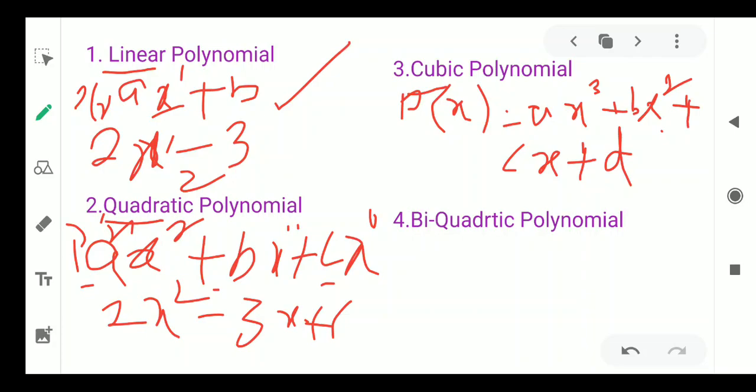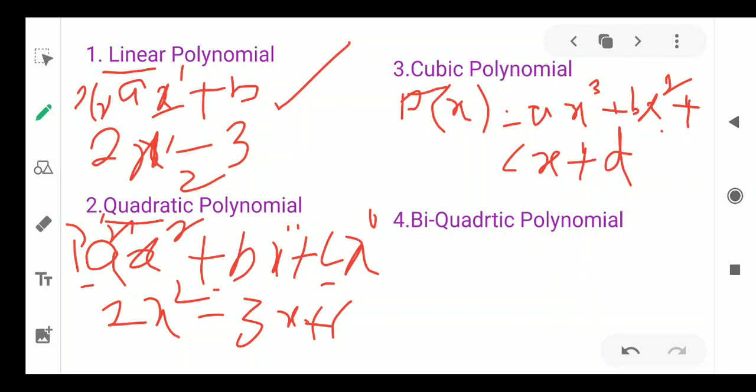Whenever you want to write any example of a cubic polynomial, just write the variable exponents in decreasing order, and you can take any coefficients. Instead of a, b, c, d, you can take p, q, r, and you can also take numbers, no problem.